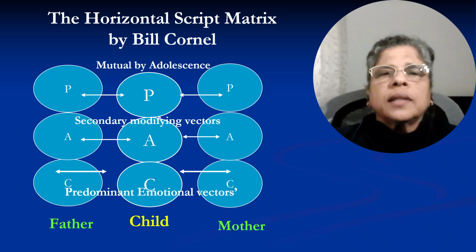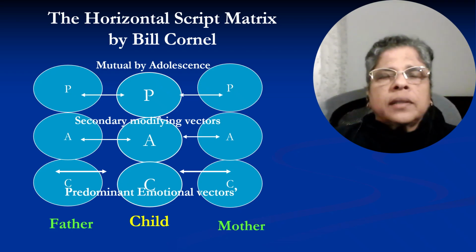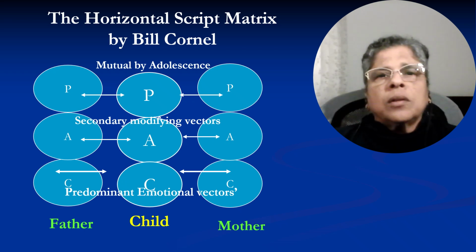And you can see the lines or the vectors of transactions, permissions, drivers, and patterns are all at horizontal level and shown as mutual. So what it implies is the child influences the parent also. The parent influences the child also. It's not that the parent alone is causative of the child's script.